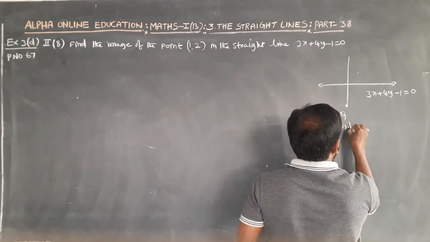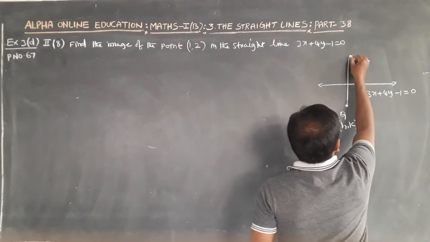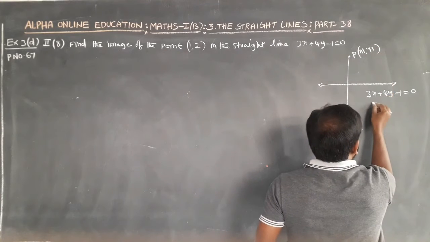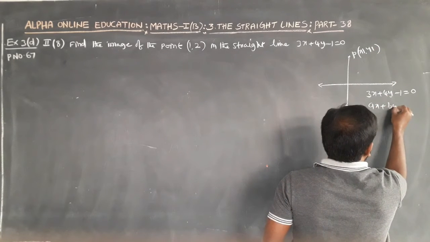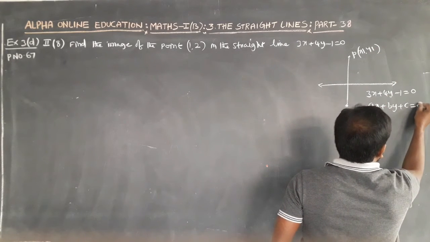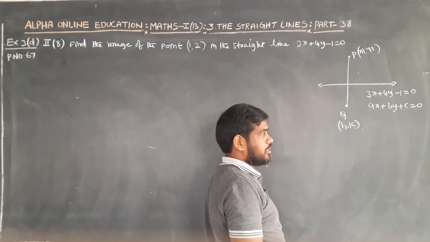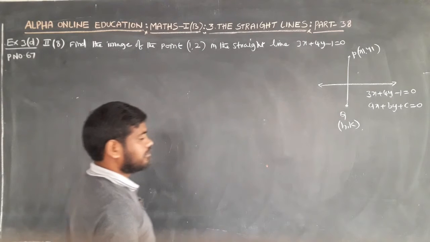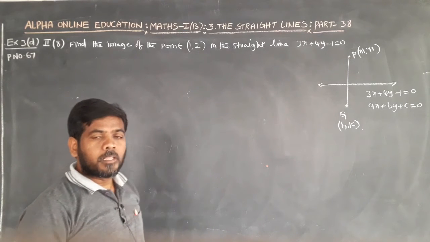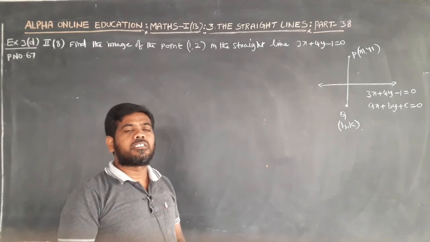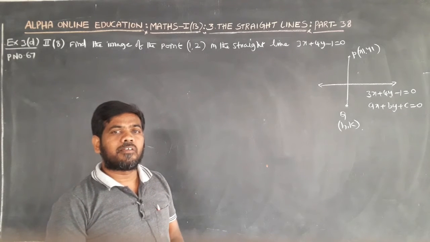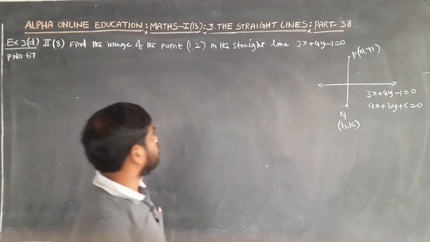Here, let Q(h, k) be the image of P(x1, y1) with respect to the straight line ax + by + c = 0. Then (h - x1)/a = (k - y1)/b = -2(ax1 + by1 + c)/(a² + b²).